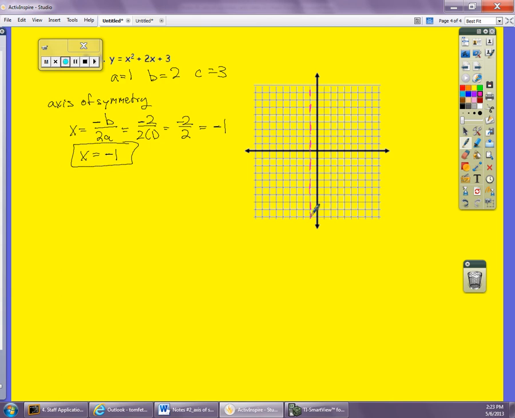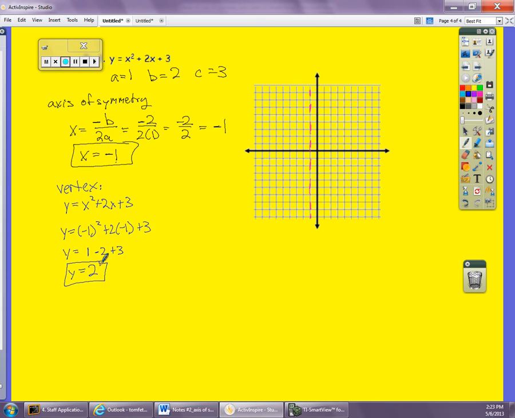And then to find the vertex, we have y equals x squared plus 2x plus 3, and x is negative 1, so it's y equals negative 1 squared plus 2 times negative 1 plus 3, 1 minus 2 plus 3, so y equals 2.